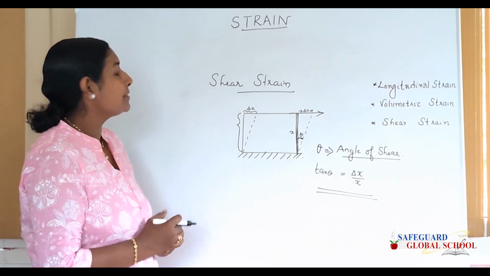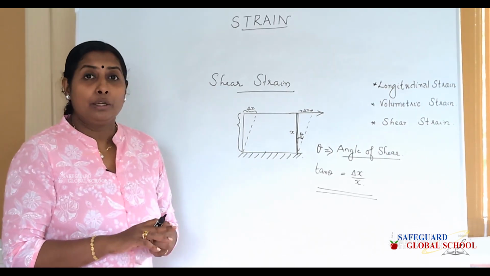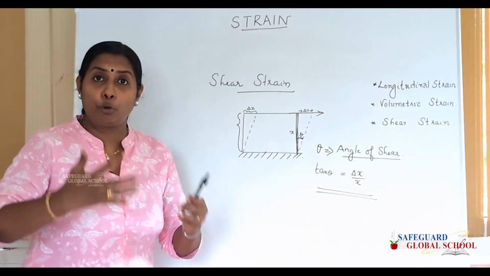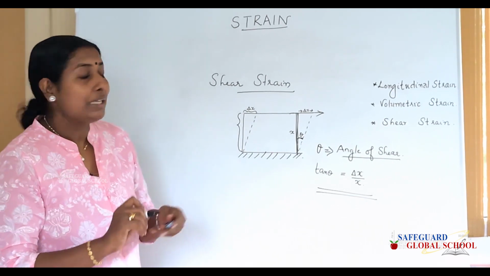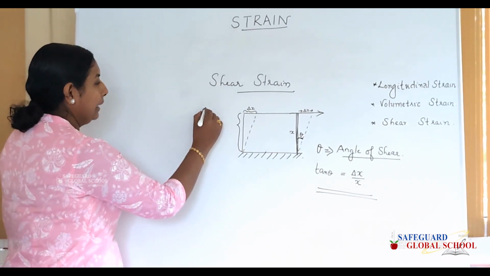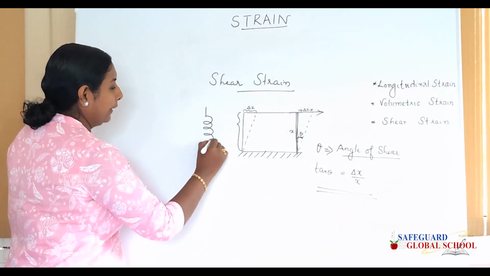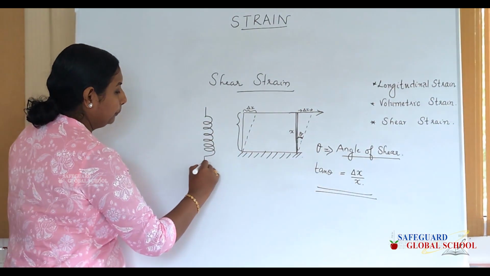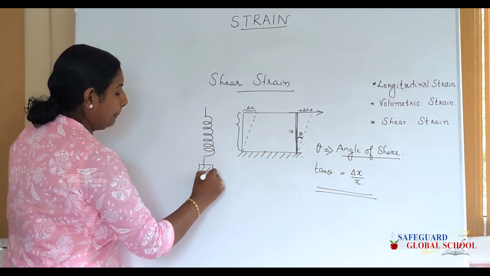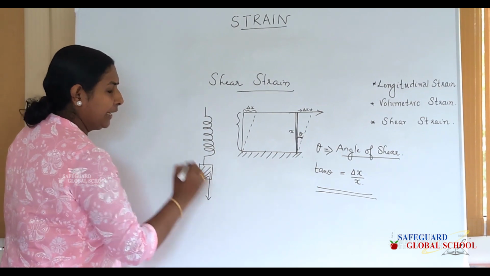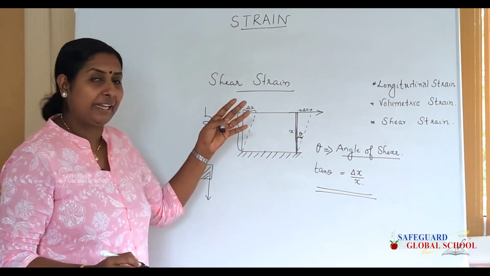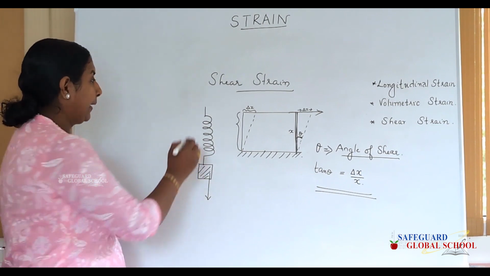Let us just think about whether two types of strain can be produced in a single entity. So there is an example for you. Listen, there is a spring loaded here. When a load is applied here, it gets extended. Can you think about the type of strains that is produced in a loaded spring?